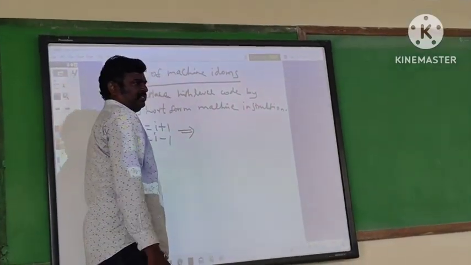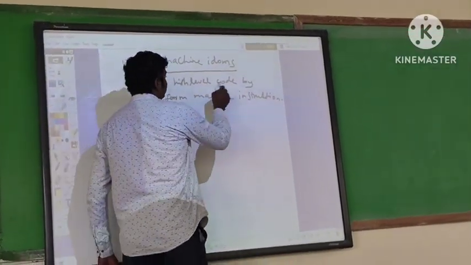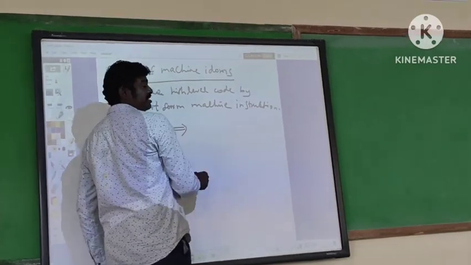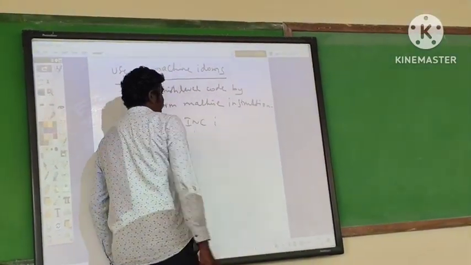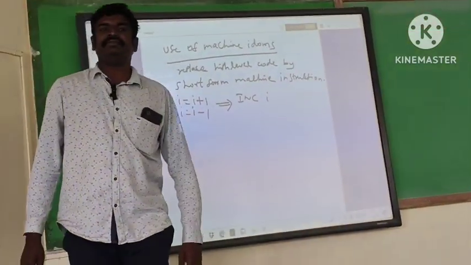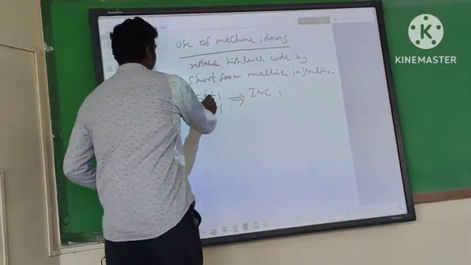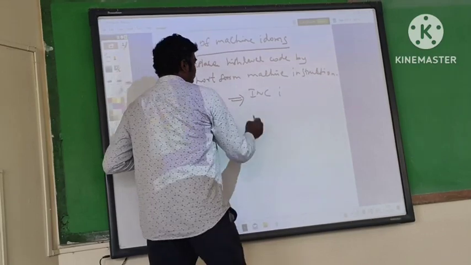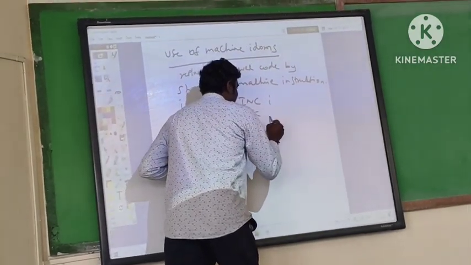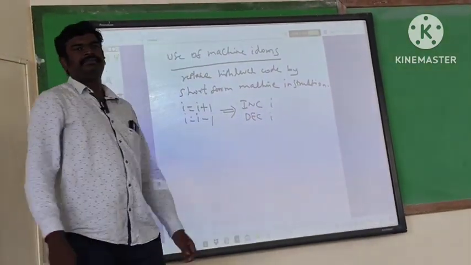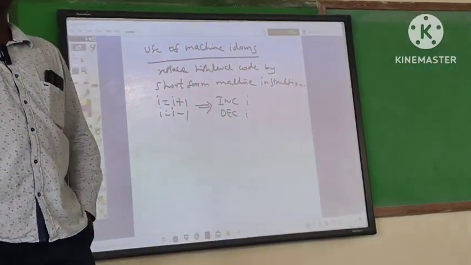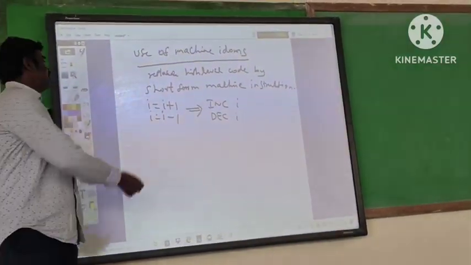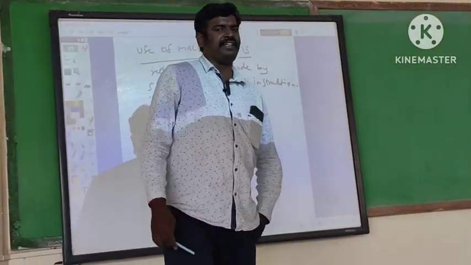I said that it is machine instruction. Machine instruction means I can write INC i, that means increment i. This one can be replaced by increment i, and this can be replaced by DEC i, decrement i. These are all actually part of optimization techniques.